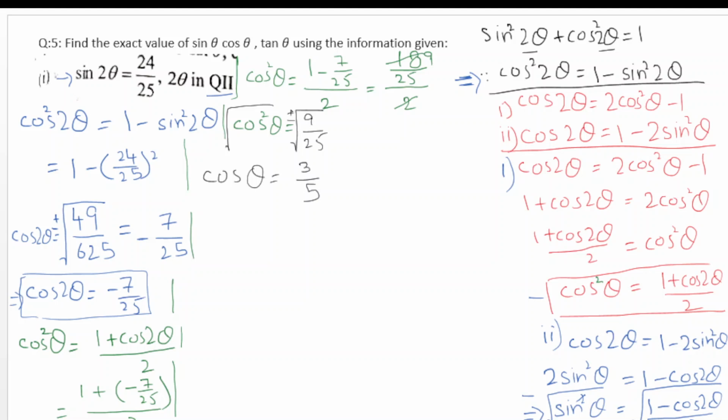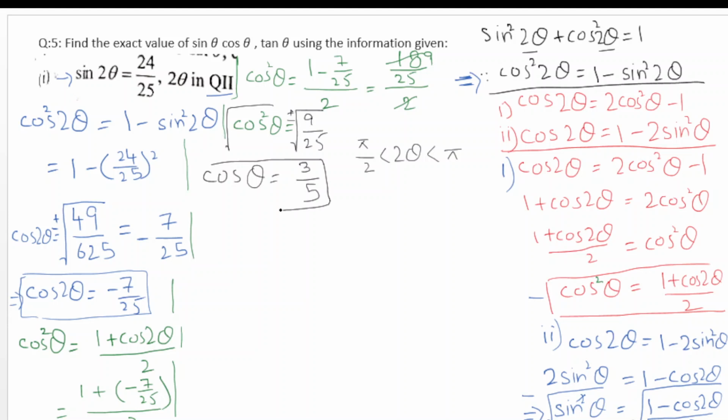Or we can solve like this: cos theta, let me tell you, it's given that 2 theta is in the second quadrant. So the second quadrant starts from pi by 2. Let me write 2 theta greater than pi by 2 and less than pi. Now we are talking about theta here, we don't have 2 theta, we have theta only.